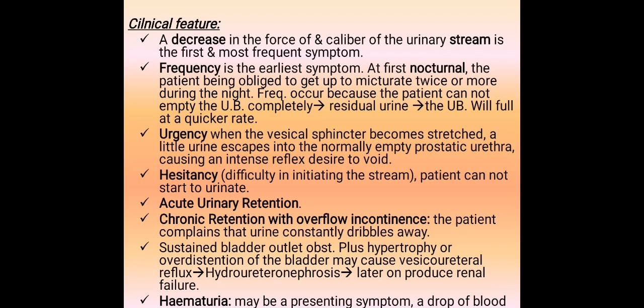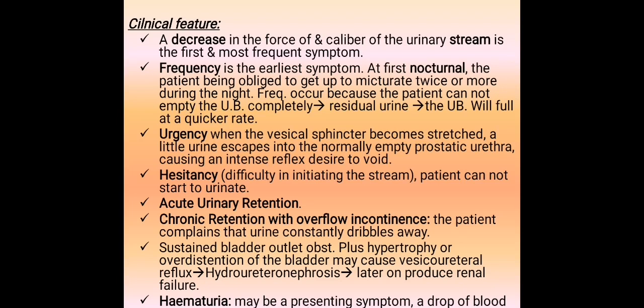At first, nocturnal frequency starts with the patient being obligated to micturate at least twice during the night. Frequency occurs because the patient cannot empty the urinary bladder completely, so residual urine will cause the bladder to fill quicker than usual.